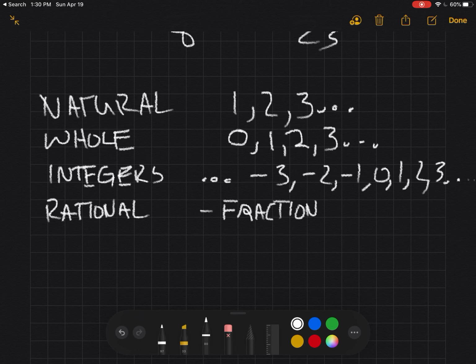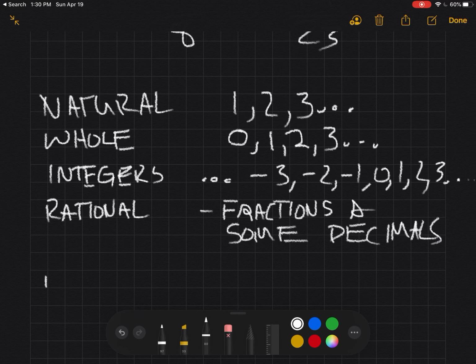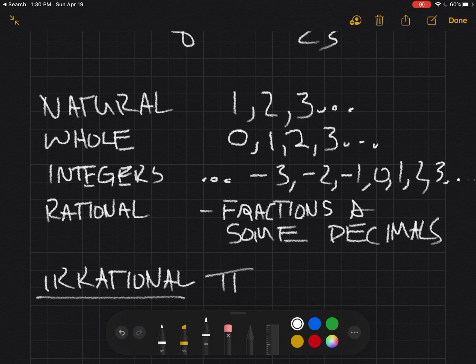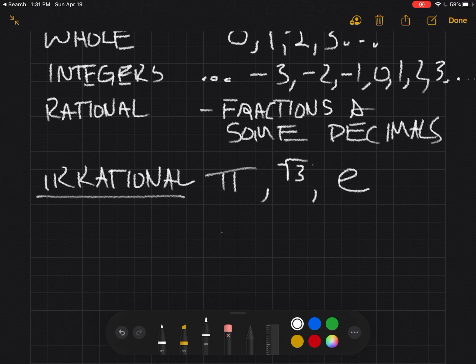And then now we have infinity in 2 directions, in the positive direction and in the negative direction. And we have rational numbers. So fractions and some decimals.